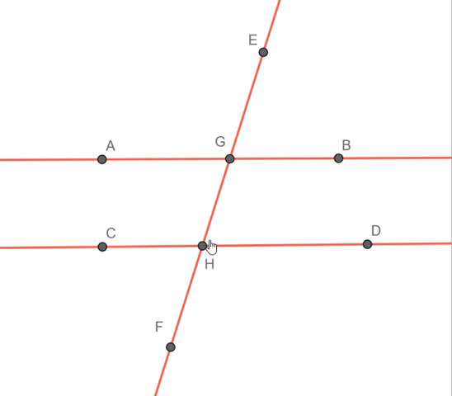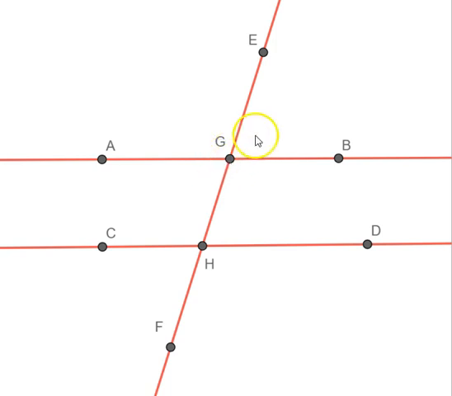Let's look at the third part. It says that the sum of these two internal angles on the same side sum up to two right angles. AGH is equal to BGE, right? Why?